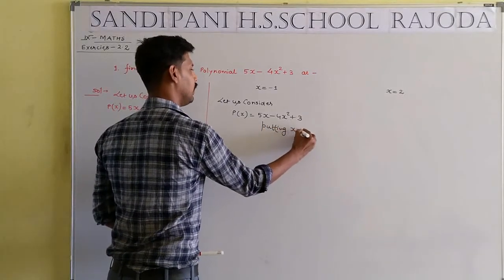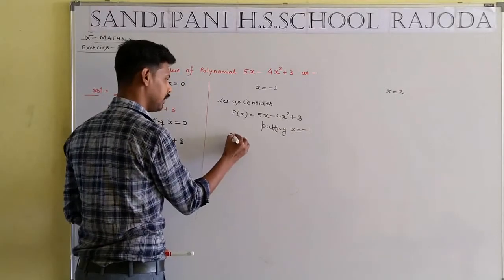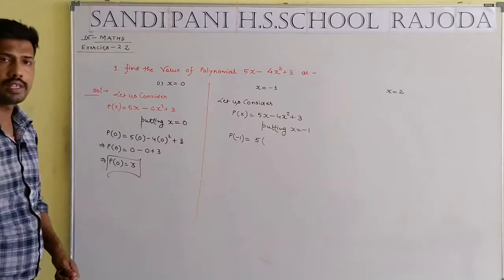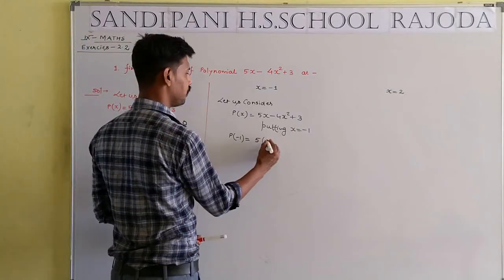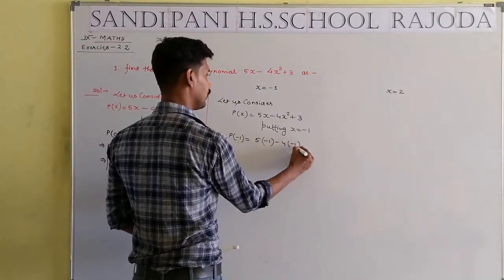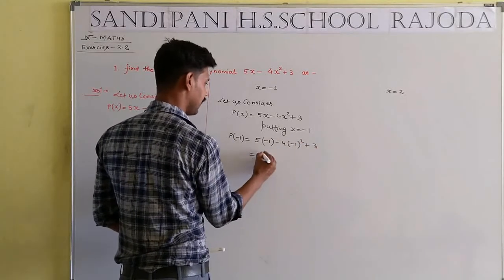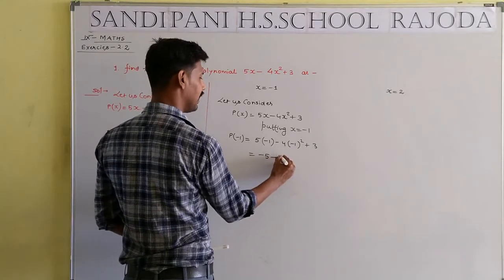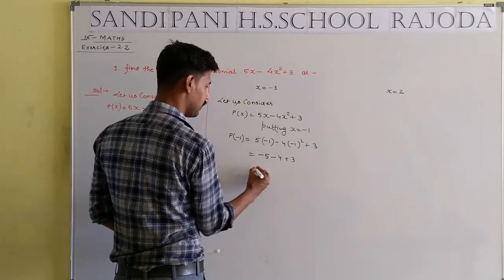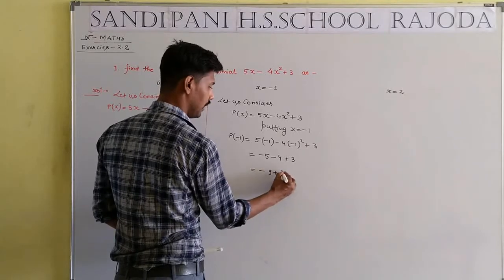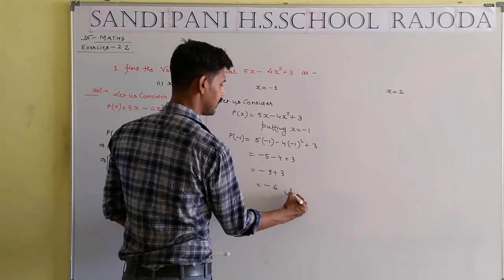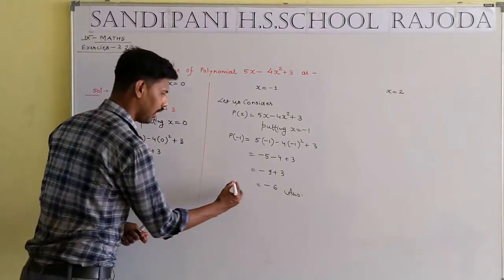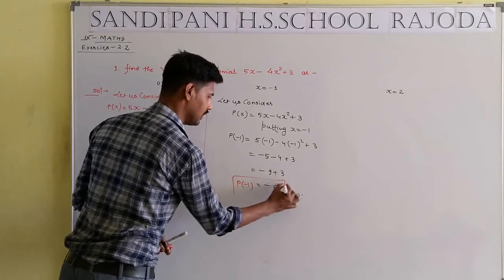Putting x equal to minus 1, P(minus 1) will be equal to 5 times, wherever there is x, put minus 1, minus 4 times minus 1 whole square plus 3. Plus minus minus... that is minus 6. There is the answer. If anything in the numbers gets mixed up here and there, focus on the method of the question.